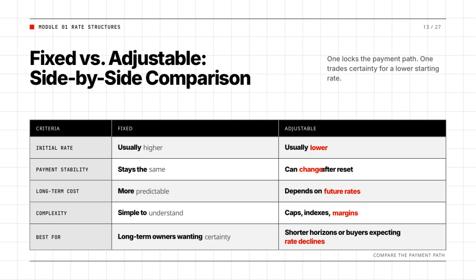Fixed rates are often best for long-term owners who want certainty and stability in their payments. Adjustable rates can be a good choice for buyers with shorter time horizons or those who expect market rates to decline. Essentially, the trade-off is between locking in a stable payment path with fixed rates or trading some certainty for potentially lower initial payments with adjustable rates.